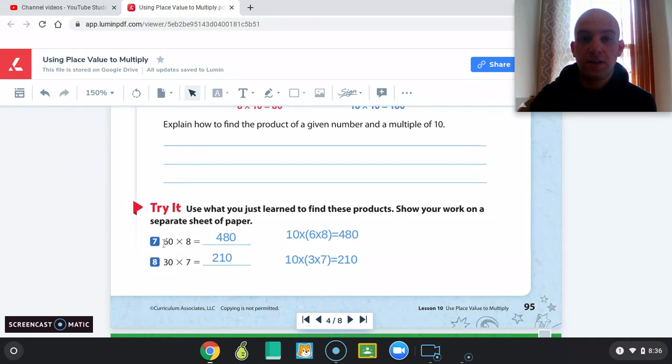So, for example, if we look at the 60, we could look at it as 6 times 10. So we can expand that number out to make it easier to work with when we're solving problems with bigger numbers. Anytime we multiply by 10, we're going to add on a 0.